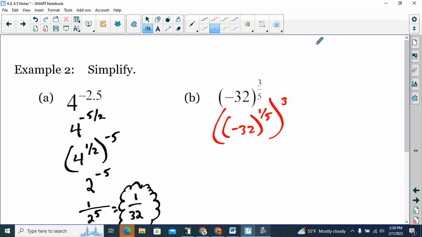Because we are taking the 5th root of negative 32, because it's an odd root, we are allowed to take an odd root of a negative number. It's negative 2. If I multiply negative 2 by itself an odd number of times, I will get negative. Negative 2 cubed. Negative 2 times negative 2 times negative 2 is negative 8.